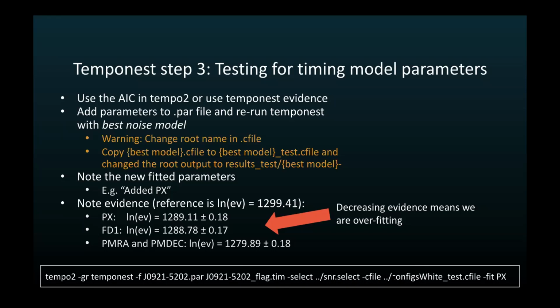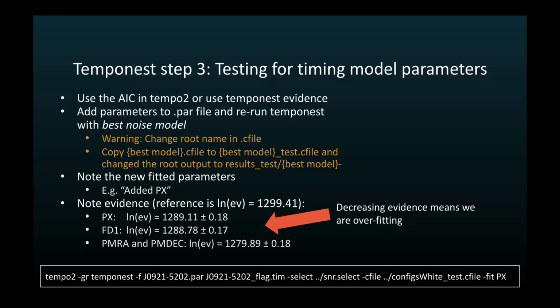So this is configs, it should be slash white_test. So this would be the file that I've modified to change where the output goes. And then at the end, I write -fit px. And then this will be fitting the parallax, or marginalizing over the parallax.